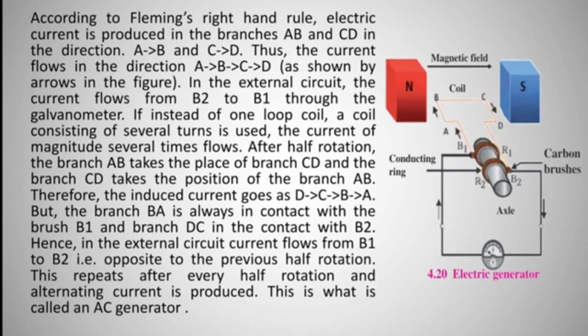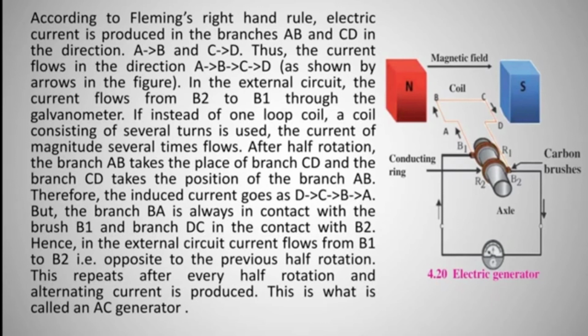In the last video, we learned about the electric motor, and now we just learned about the electric generator. The main difference between the two is that an electric motor converts electrical energy into mechanical energy, while an electric generator converts mechanical energy into electrical energy.